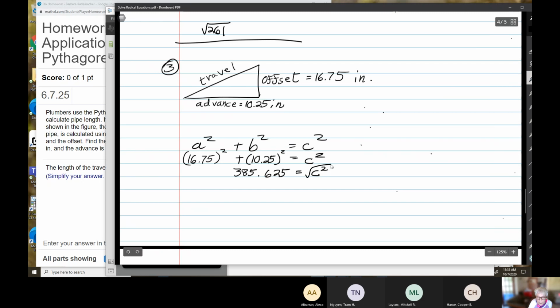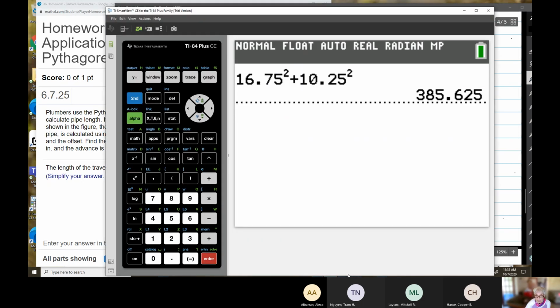Then I'll take the square root of both sides. That's what C is going to equal. Nowhere is it asking for an exact answer, which I think is wonderful. So we're going to take the square root of that number.